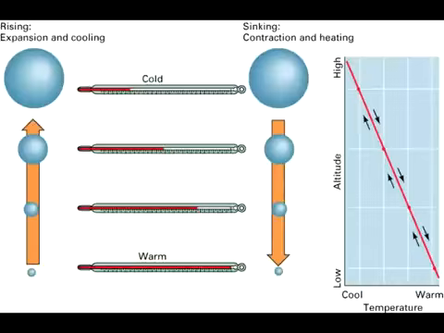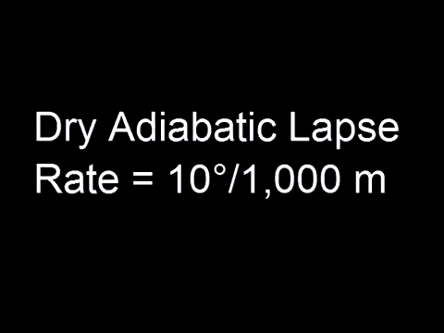As long as there is no condensation involved, the temperature of a rising air parcel decreases at a fixed rate. This rate is called the dry adiabatic lapse rate. It is 10 degrees Celsius per 1000 meters.